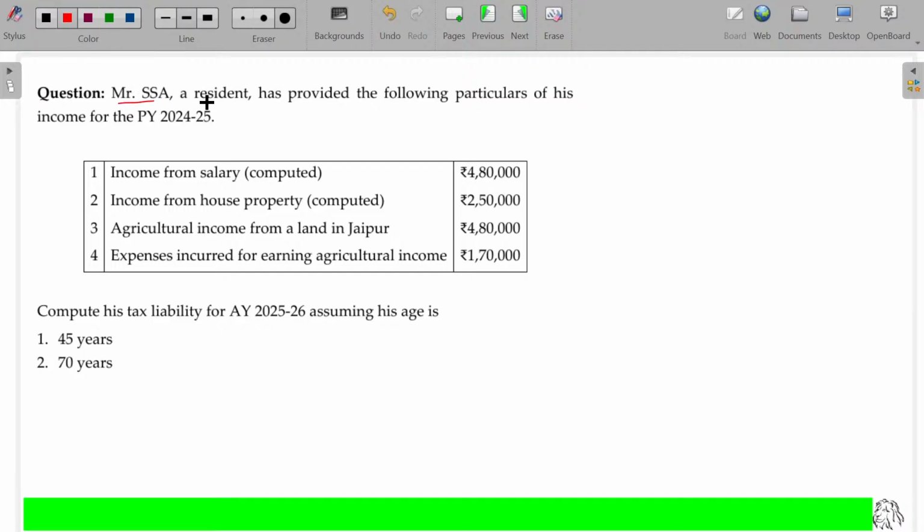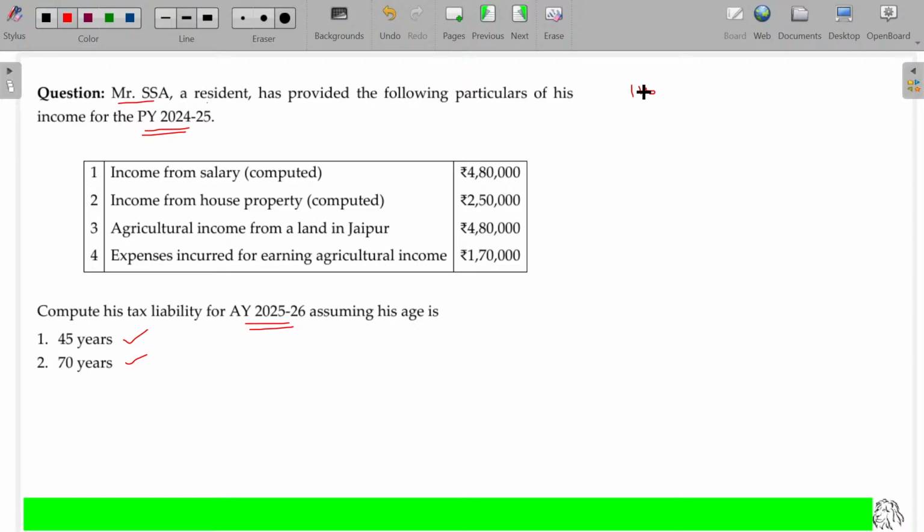Mr. SSA, a resident, has provided the following particulars of his income for the previous year 24-25. Compute his tax liability for the assessment year 25-26, assuming his age is 45 or 70.